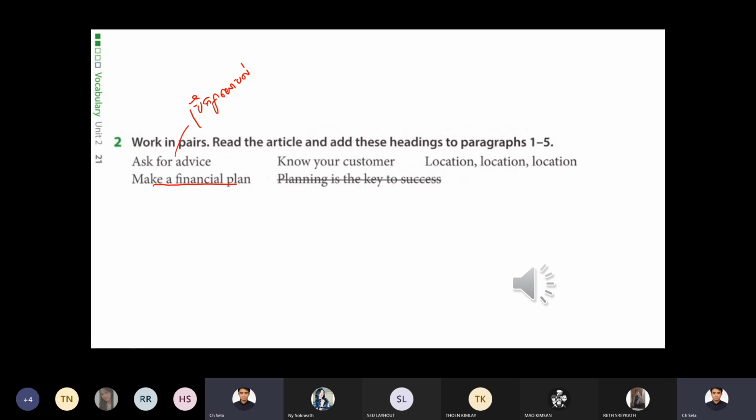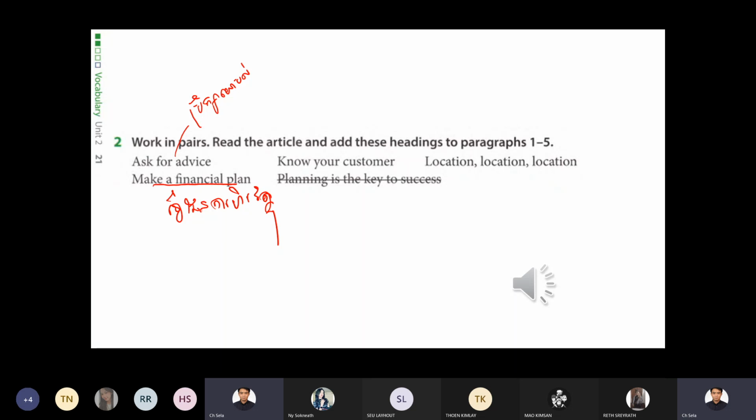Make a financial plan. So you have to think from now on: when I am going to open, do I have enough money to open? How much money should I save from now on? See, that is important.